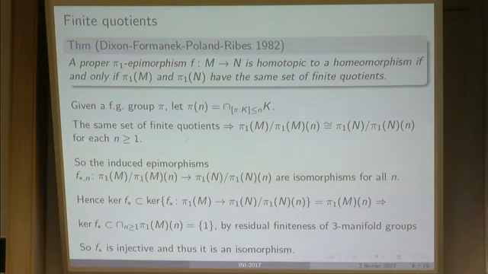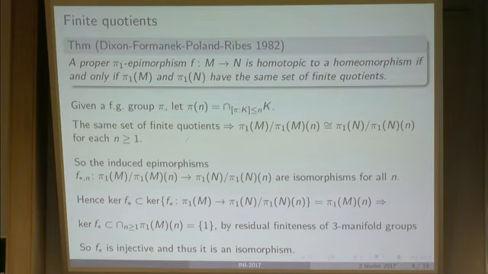And in fact, it was an old result that if your two manifolds have the same set of finite quotients, so the fundamental groups have the same set of finite quotients, then F must induce an isomorphism, so it must be homotopic to a homeomorphism.